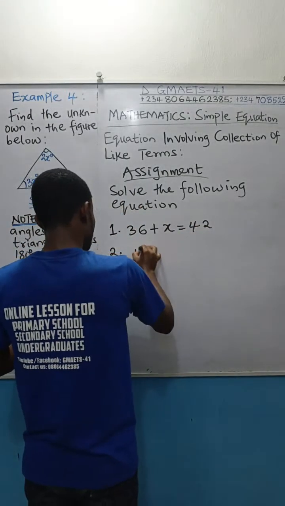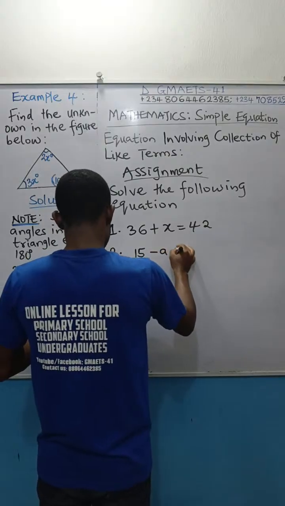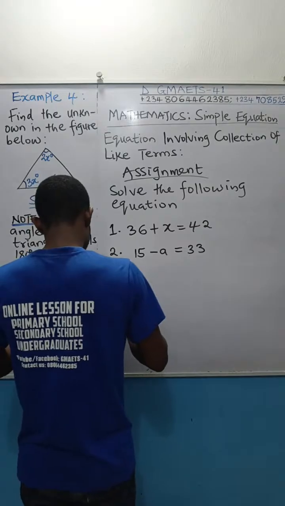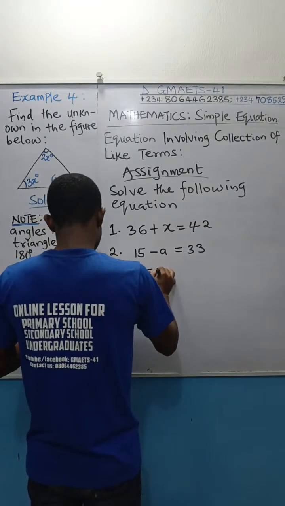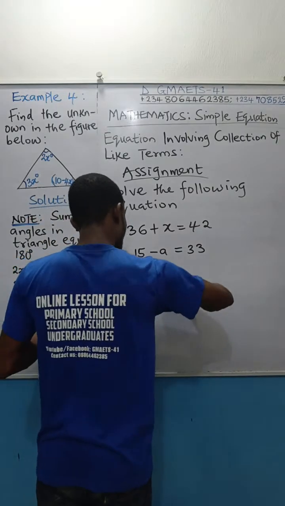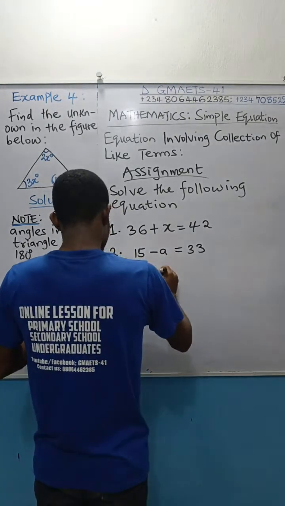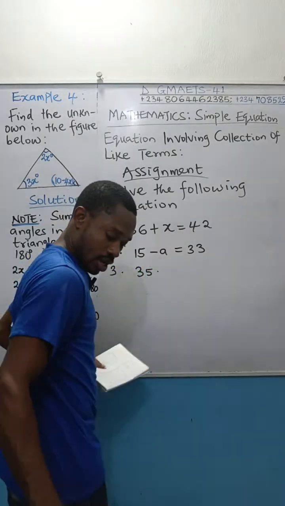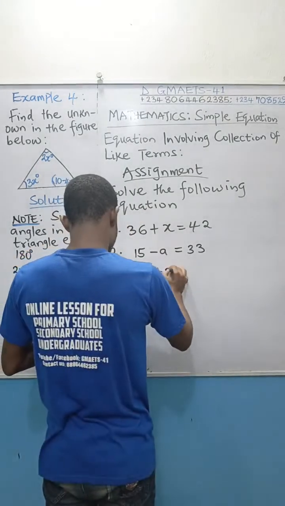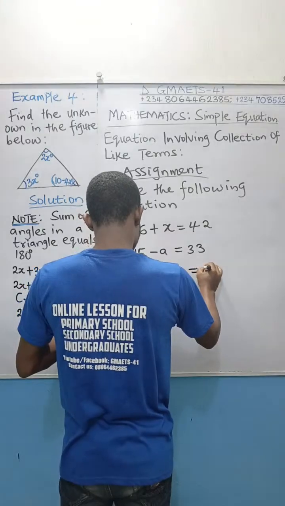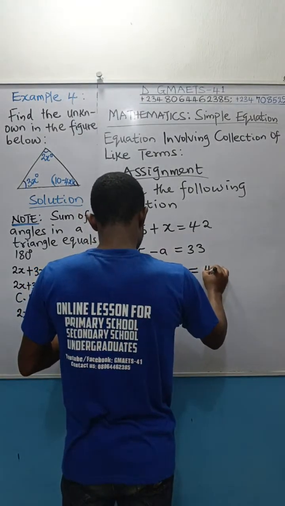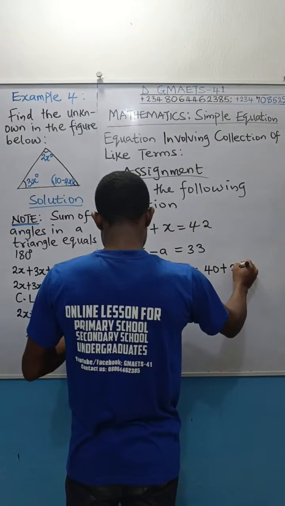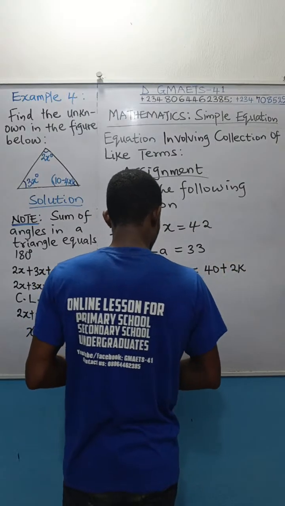Number 2, 15 minus a equal to 33. Number 3, this is actually 35 plus 3k equal to 40 plus 2k.